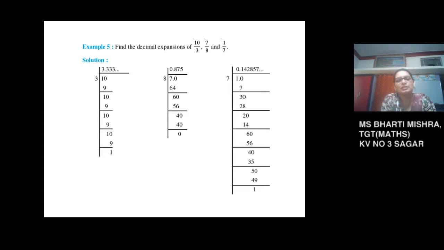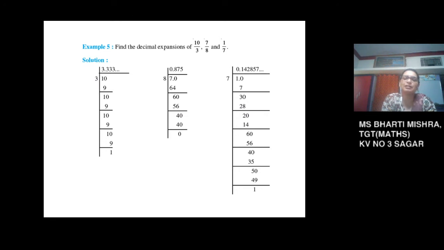So this is a decimal expansion. In the previous lecture also I had discussed, this is called a non-terminating recurring decimal. 10 upon 3 is equal to 3.333 and so on. This can also be written as 3.3 bar because 3 is repeated again and again after the decimal point.